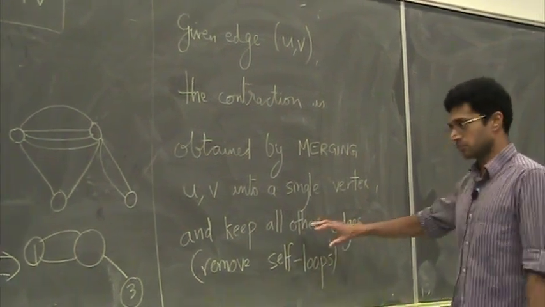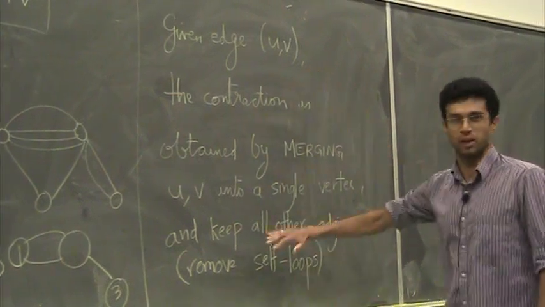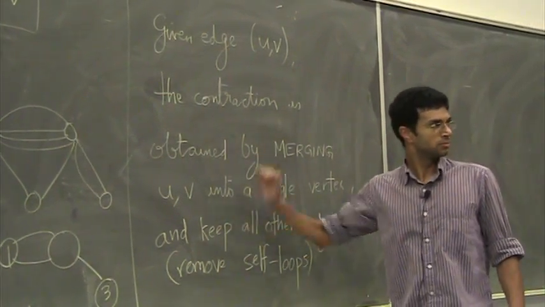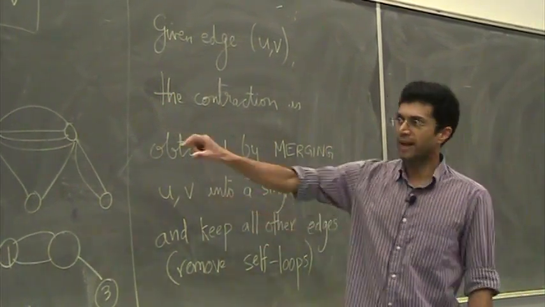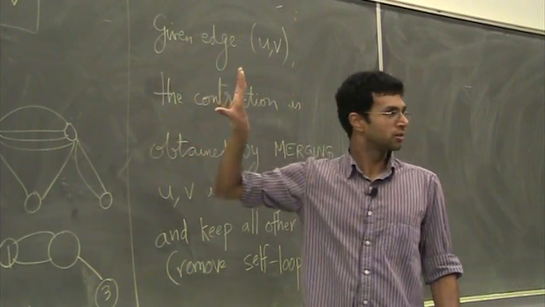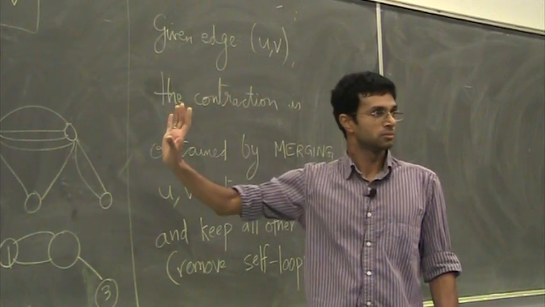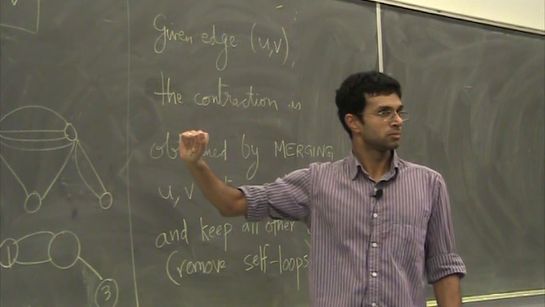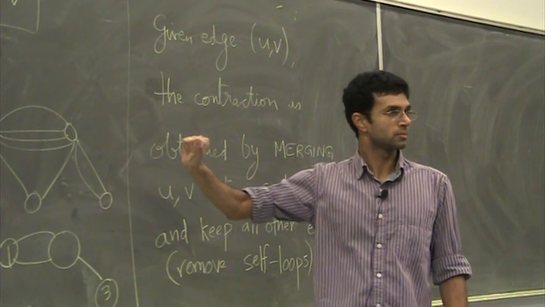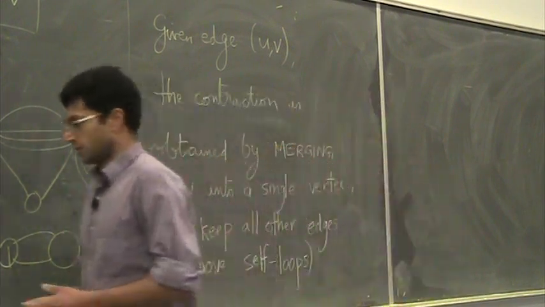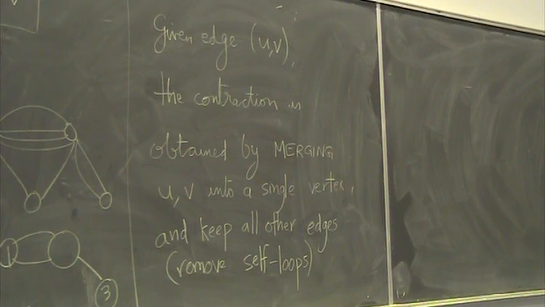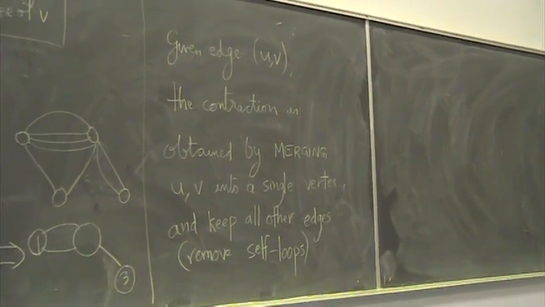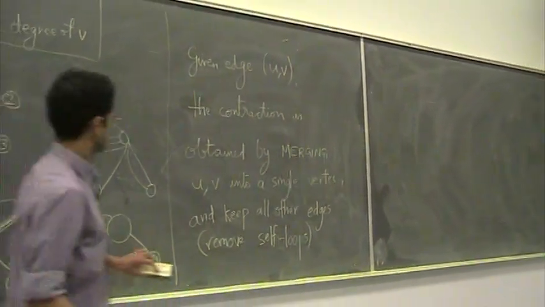So when you start with a multigraph, you end up with a multigraph. Does that make sense? So that is the process of contraction. Okay? All right. So this is the process of contraction.